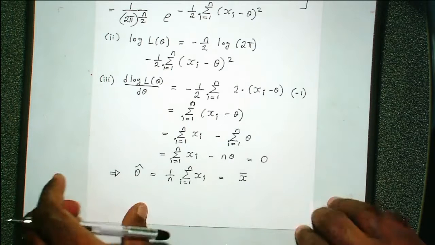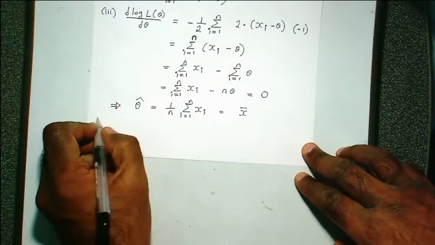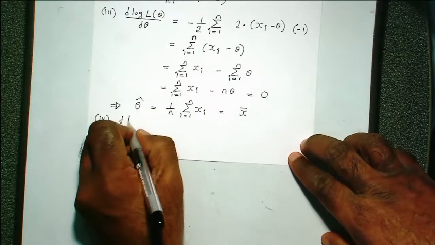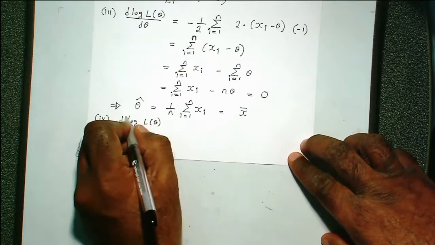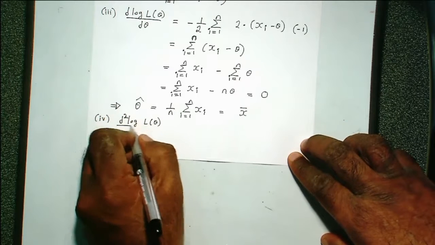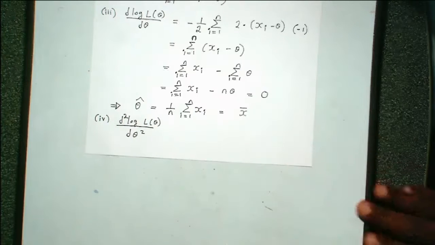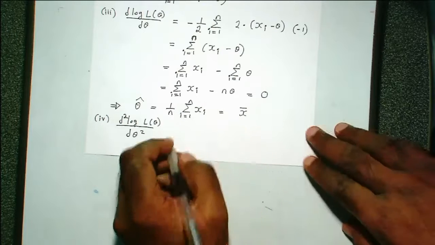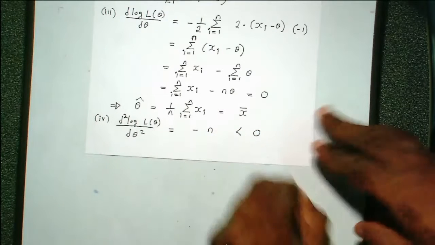Now, to make sure that this is an MLE, we need to do step 4. The second order derivative of this one with respect to theta is minus n, which is of course negative all the time.